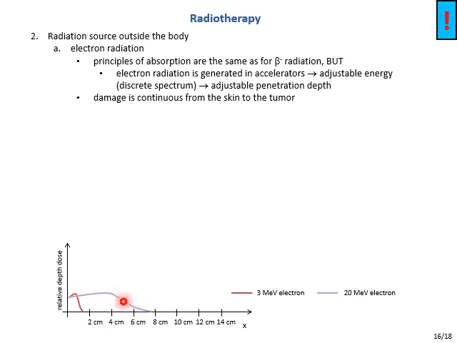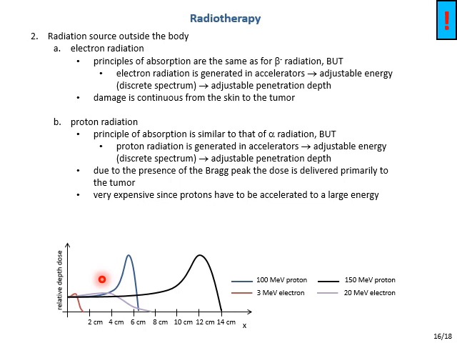So if the tumor is, let's say, 5 centimeters under the skin, and this kind of an electron beam is used for its treatment, then the healthy tissue, which is 2 centimeters under the skin, will also be damaged by this electron beam, because as you can see from the more or less horizontal line, the same amount of ionization, so damage, is actually delivered to the healthy tissue as well.